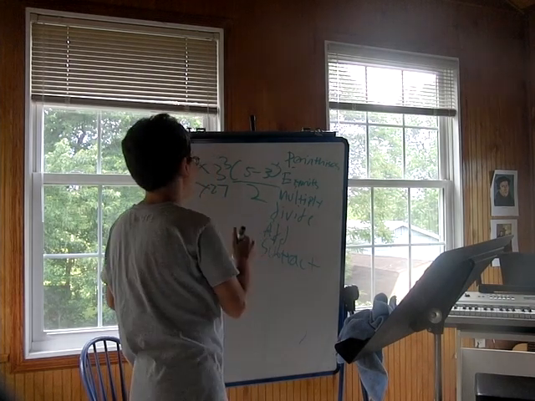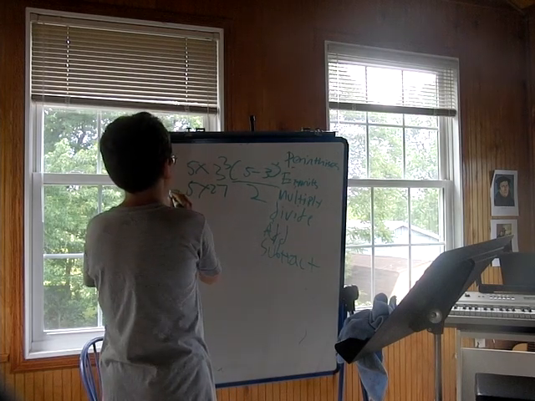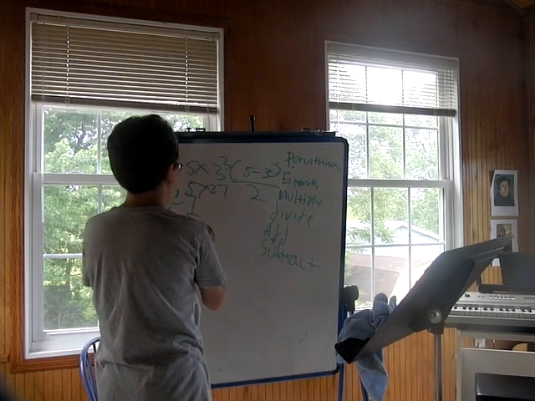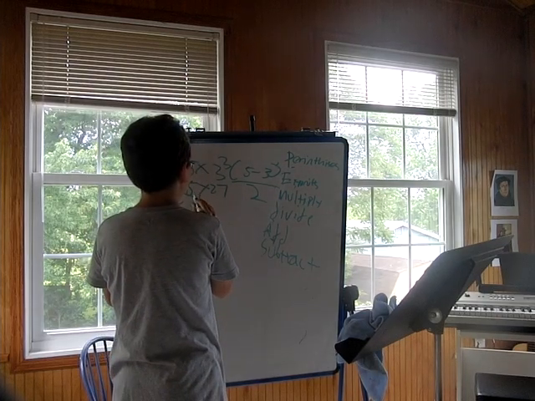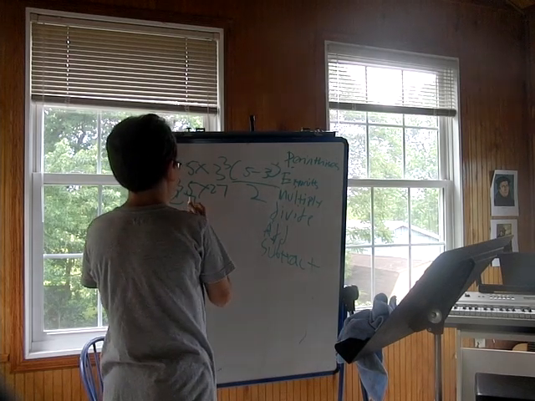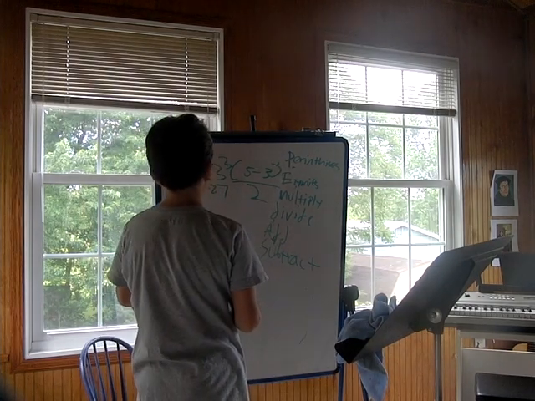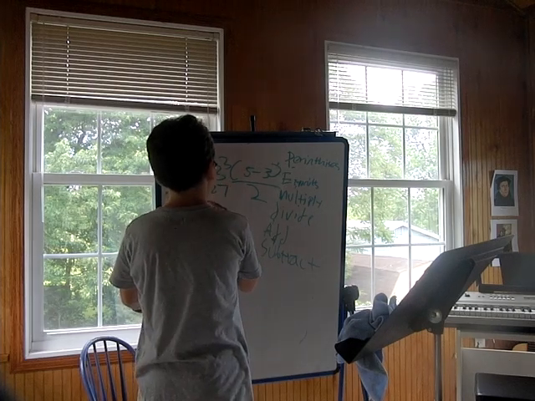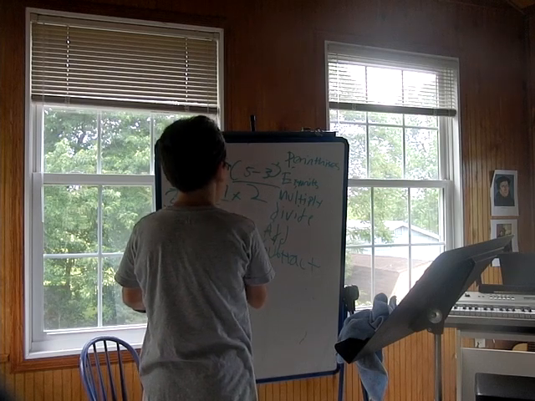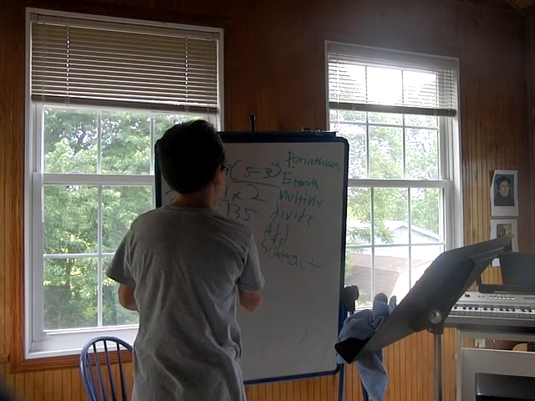So then, let's see, we're going to set it up. So 27 times 5. So this would be 35, 10, 11, 12, 13. 135 times 2 would give you 135 times 2.